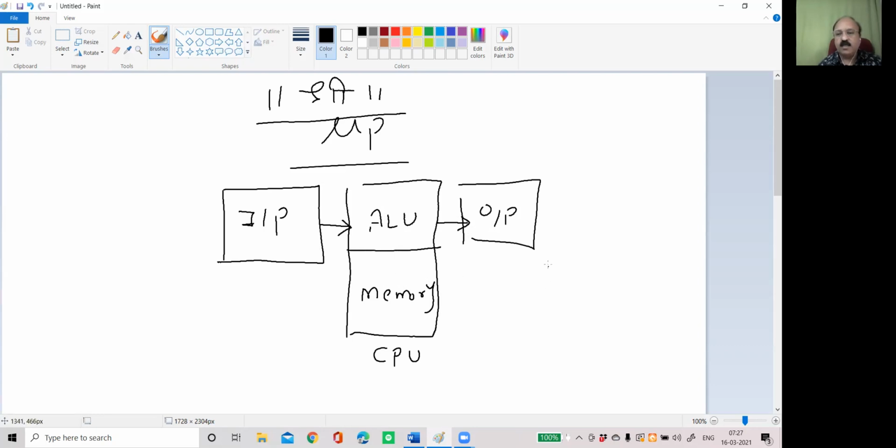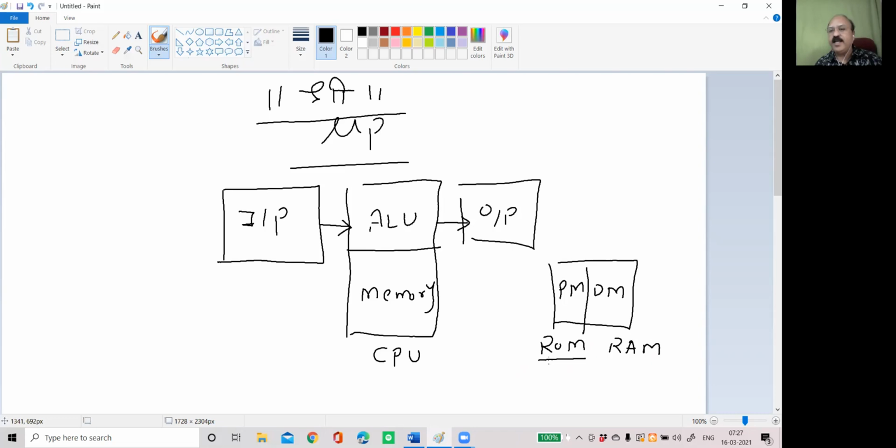This memory is of two types. One is permanent memory and second is dynamic memory, or a programming memory and a data memory. They are also called ROM and RAM. As the name indicates, ROM is read-only memory. We cannot write anything in this part of the memory.